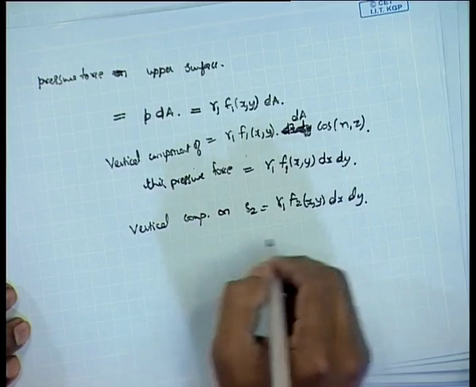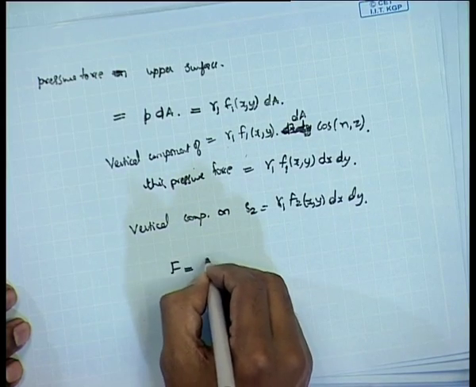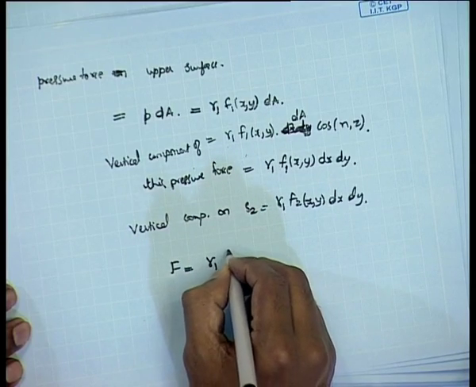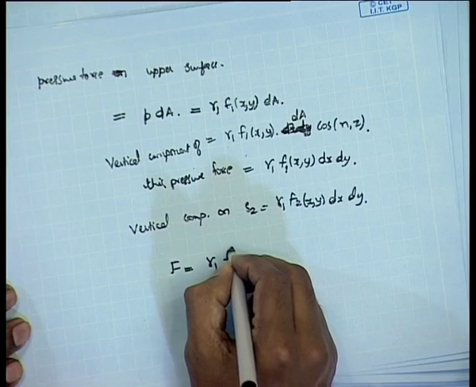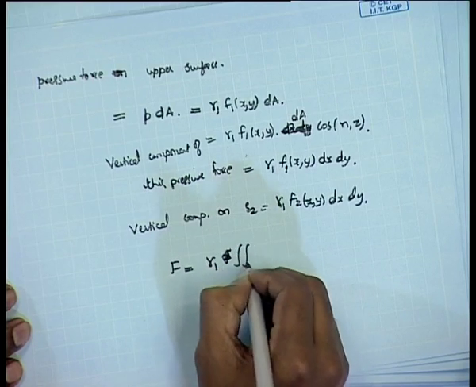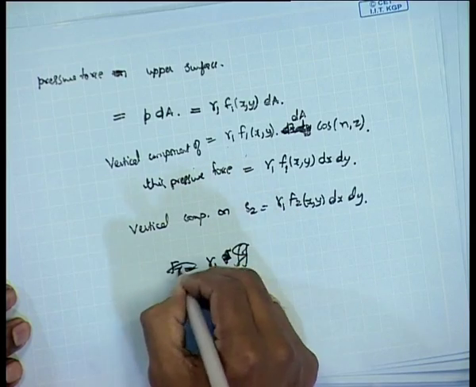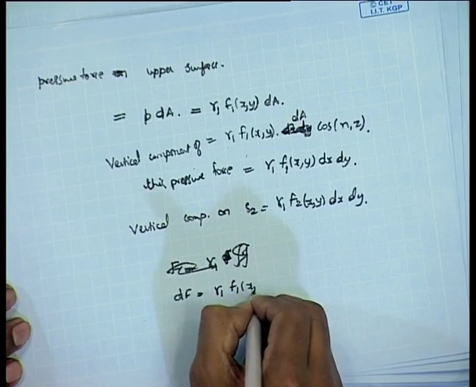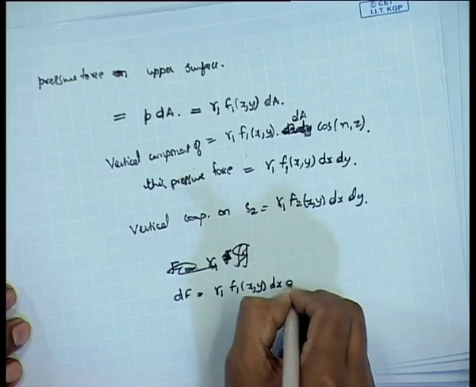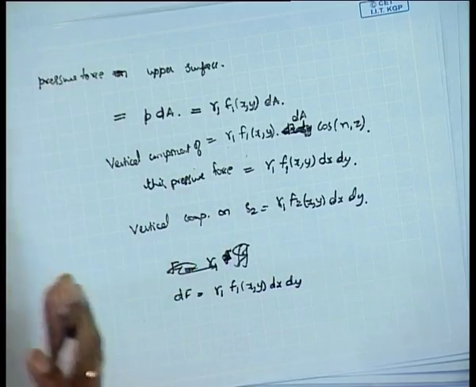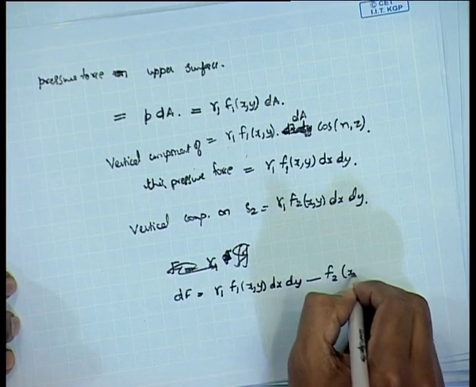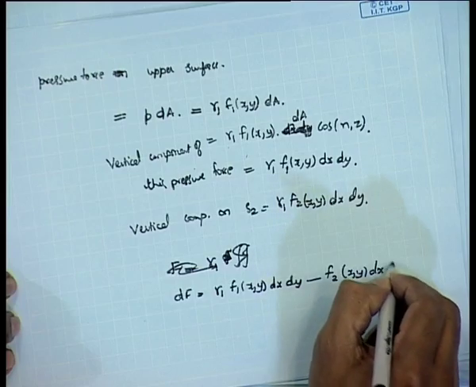Therefore, you get the total force F as the sum of these two. dF is equal to gamma F1 of x y dx dy for the top surface, if that direction is taken as positive, and for the bottom surface the direction has to be taken as negative, minus F2 of x y dx dy.